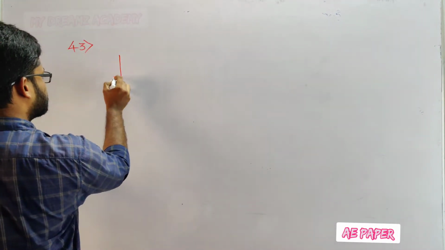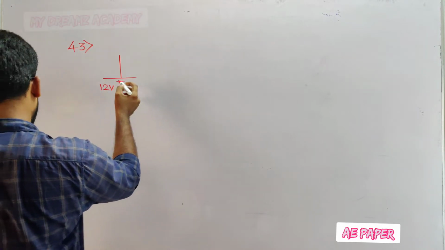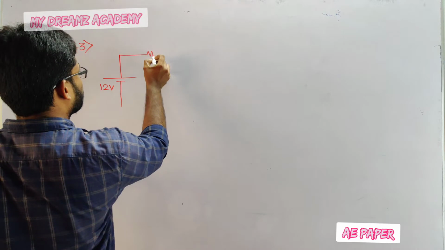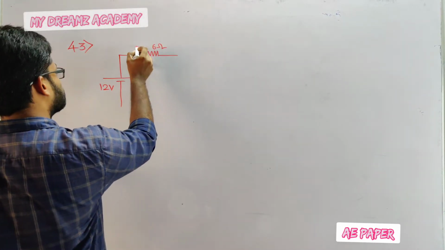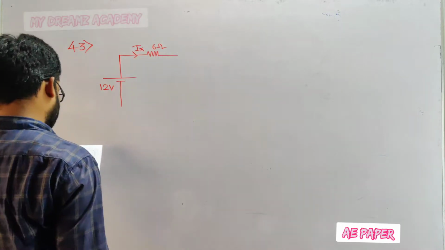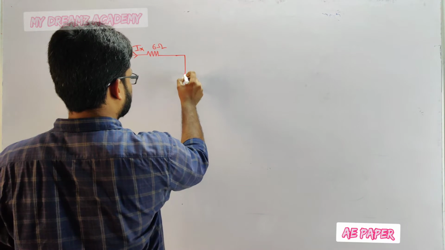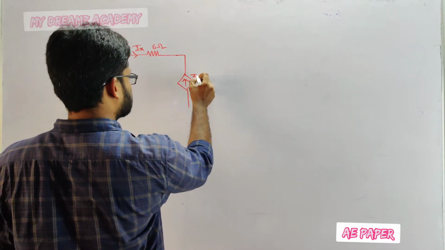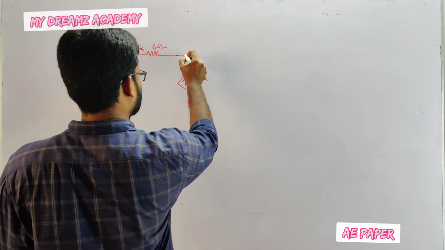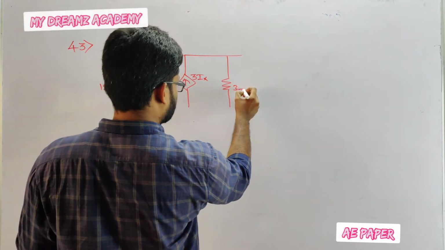The circuit is this one: 12 volts, 6 ohm, the current is Ix. Next, the current flowing through this one, that is 3Ix. Next, 3 ohm.